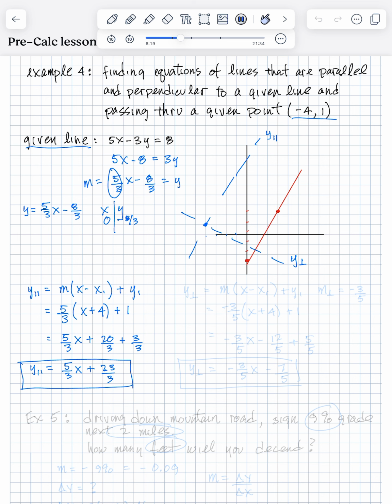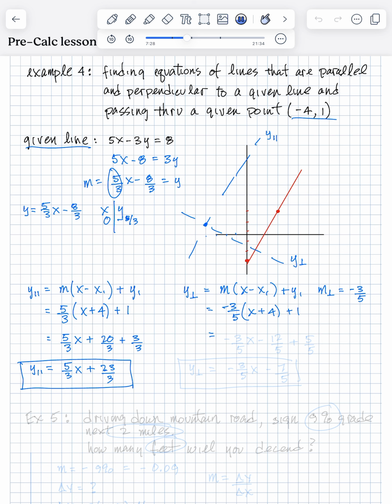So it's going to be negative 3/5. We're going to use the same point, negative 4, 1. So negative 3/5 times x minus x1, which is negative 4, so plus 4, plus y1 is 1.